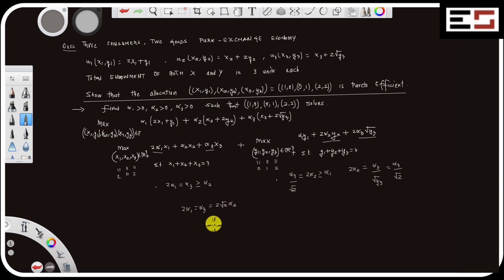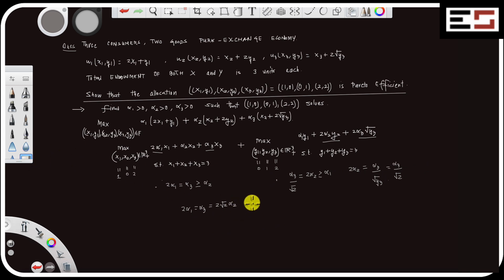Okay, so we can just write it like this, and then verify that this term is greater than or equal to alpha 2. So that's true, because 2 root 2 alpha 2 is greater than or equal to alpha 2. So clearly these two must be greater than or equal to alpha 2. So that's going to come for free.